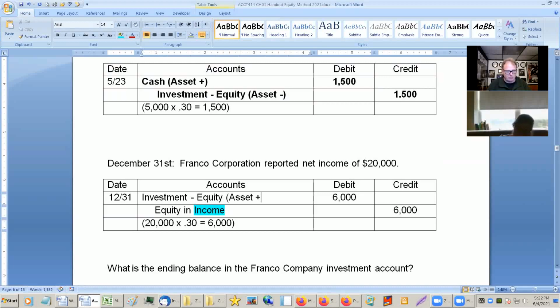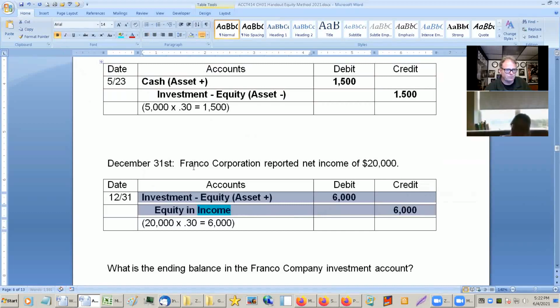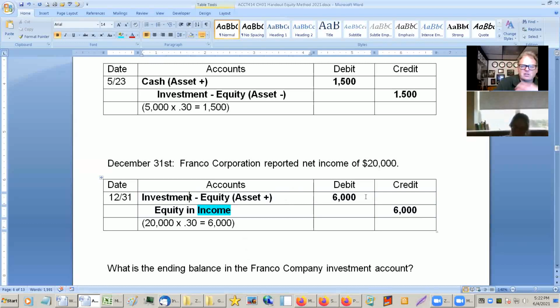So it's an asset going up. And so it says, look, our investment, we've made $20,000. Our share of it's 6,000. So our investment went up by 6,000.